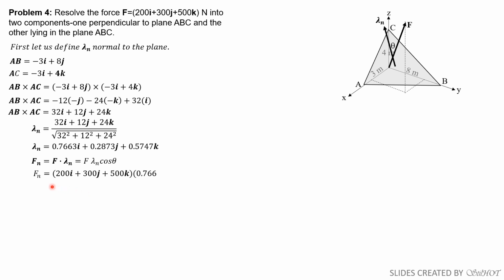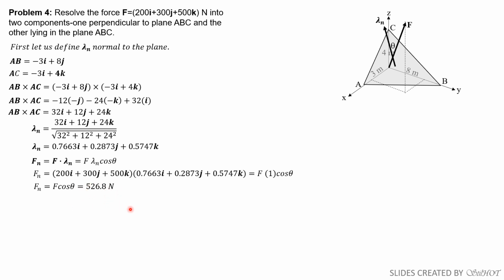So Fn is the force 200i plus 300j plus 500k dot lambda of the normal. The result is 200 times 0.7663 plus 300 times 0.2873 plus 500 times 0.5747. So F cosine theta, Fn, is 526.8.